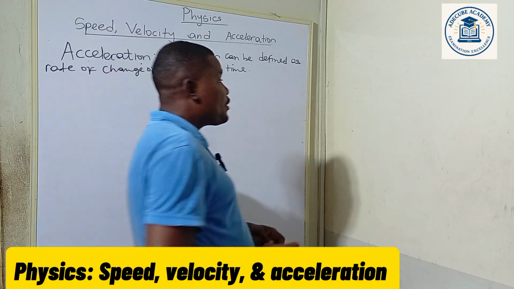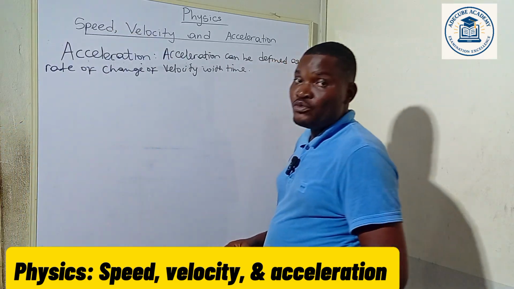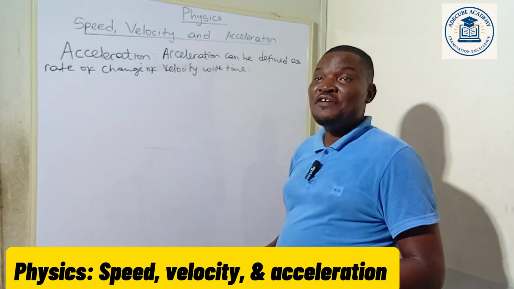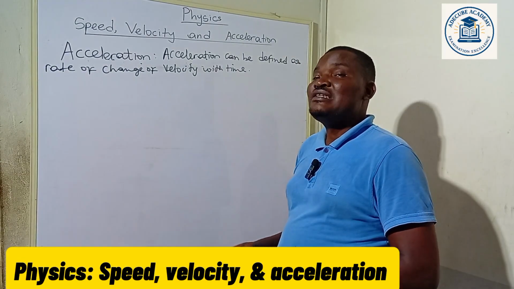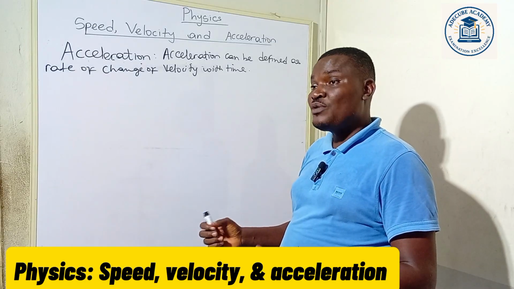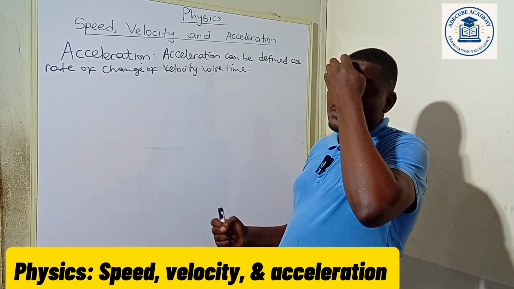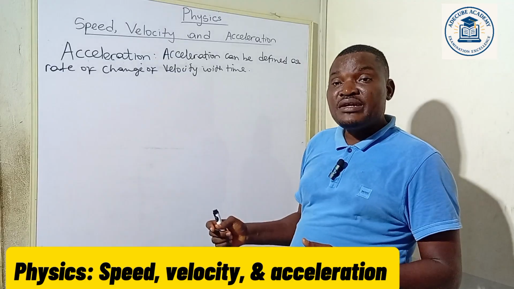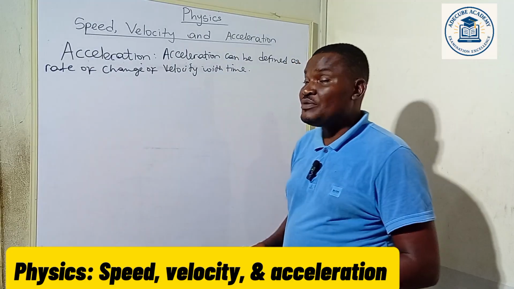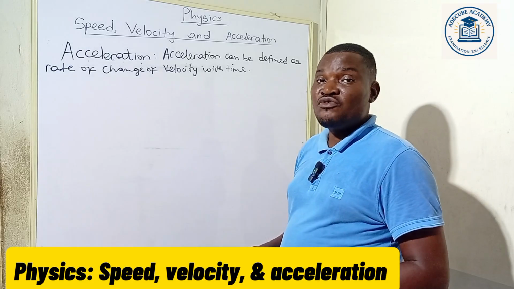Now, if you are conversant with vehicles, I'll talk about the modern vehicle. In the inner part of the vehicle, we have the steering, and at the down part we have the brake and the accelerator. The word accelerator is derived from acceleration.